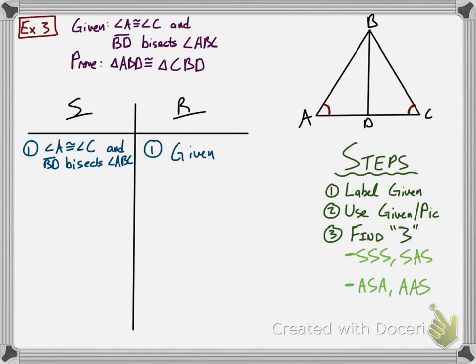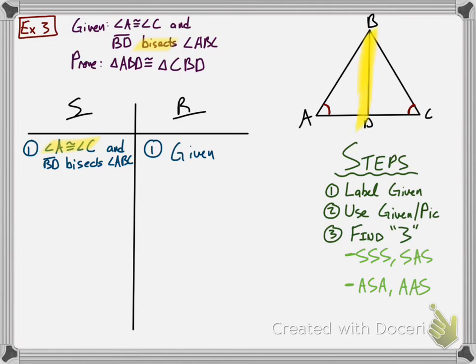So as of right now, we have a pair of angles. So that's one out of the three things that we are looking for. I see this word bisects, and this was a term that we looked at in chapter 1. We have an angle bisector here.